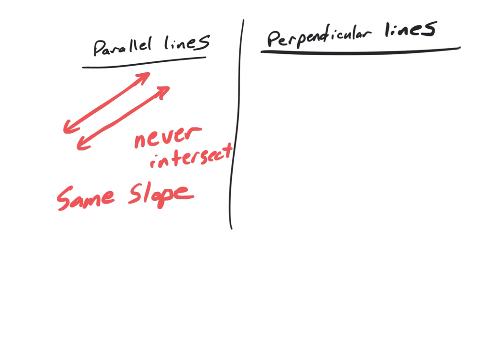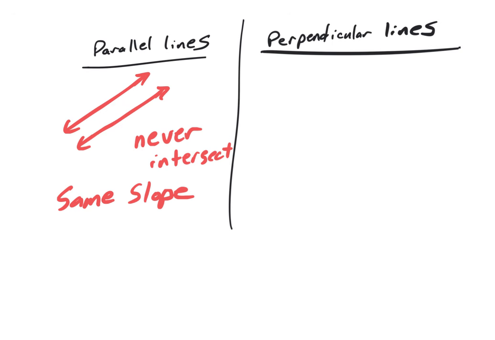You're going to have a couple of questions today where it's going to ask you, what type of lines are these? Are they parallel or are they perpendicular? In some cases, you'll even say neither. They're not parallel or perpendicular. We'll talk about what that means in just a second. But if they have the same slope, they are parallel. They will never intersect one another.